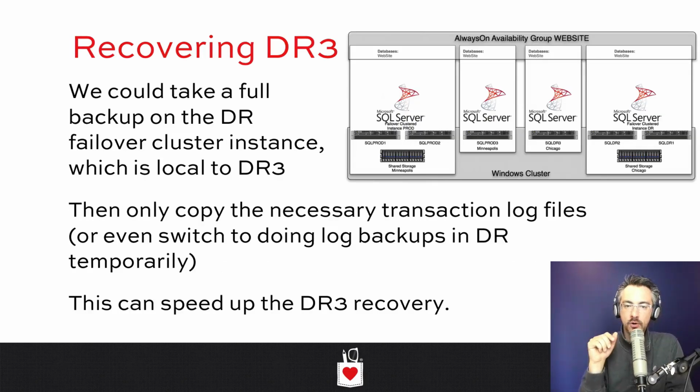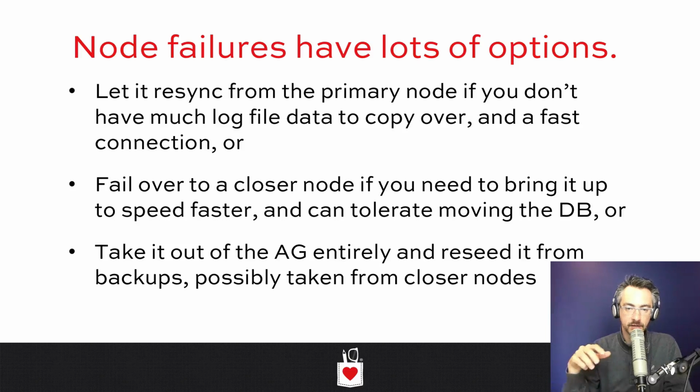When I lose a DR replica, it's often easier to say, you know what, I'm just going to take it out of the availability group and reinitialize it using a full backup from a DR replica so that I can pull data from wherever was as close as possible and minimize the network traffic going back and forth between these data centers.